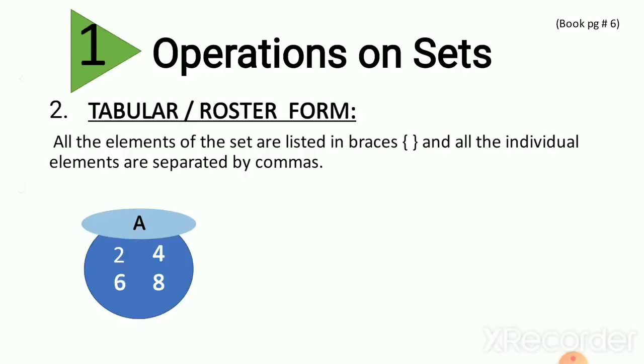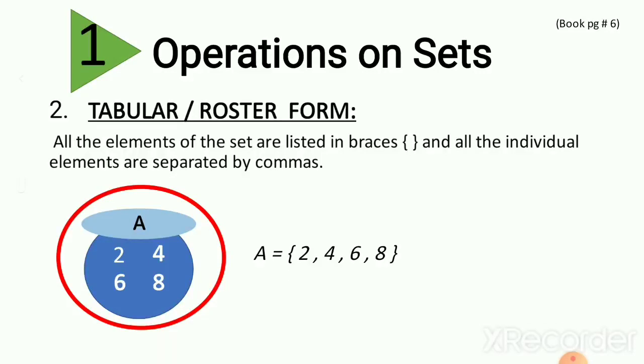So how can it be represented in tabular or roster form? Here you can see A is equal to braces start 2, 4, 6, 8, and braces close. So here you can see all the elements are listed in braces and every individual element is separated by commas.